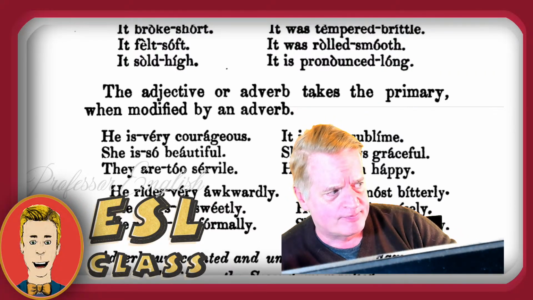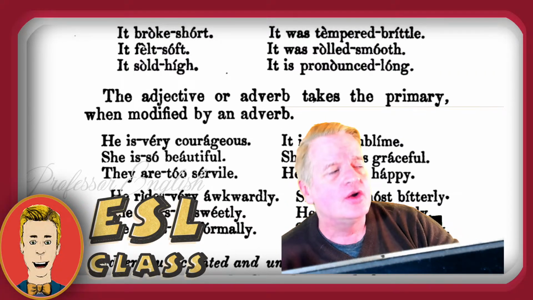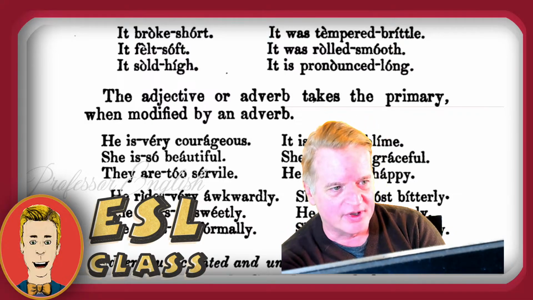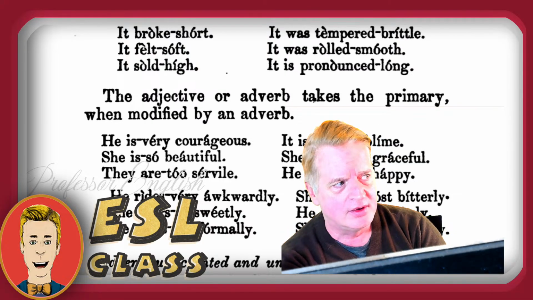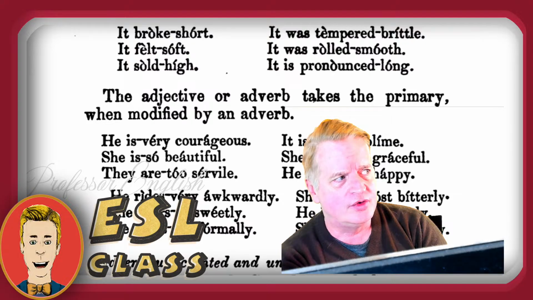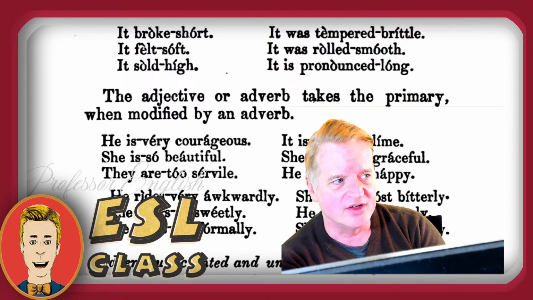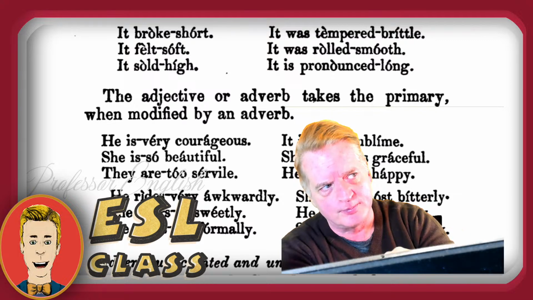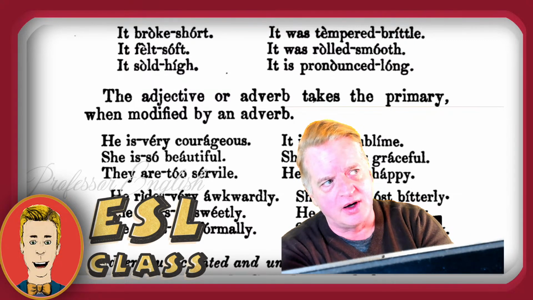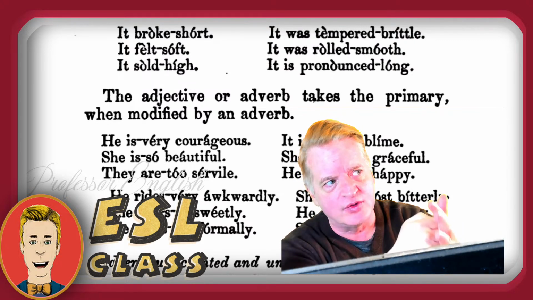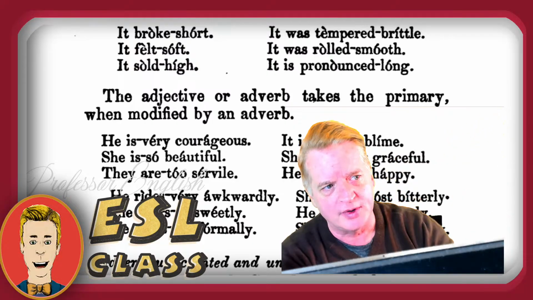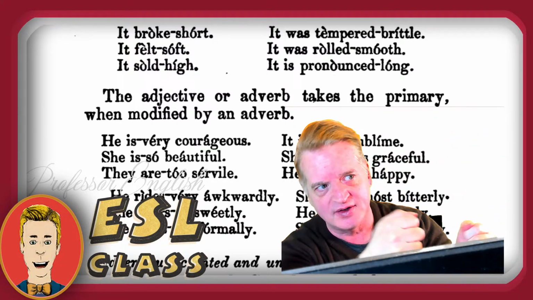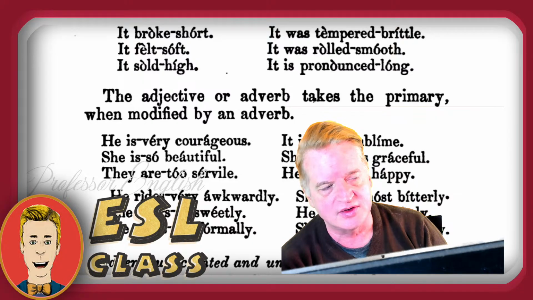Temper meaning being angry, brittle, very weak? No, that's why I'm saying this is kind of complicated, because temper here is like a chemical process. Brittle means something breaks very easily, like glass. If you hit glass, it will break into a million pieces.